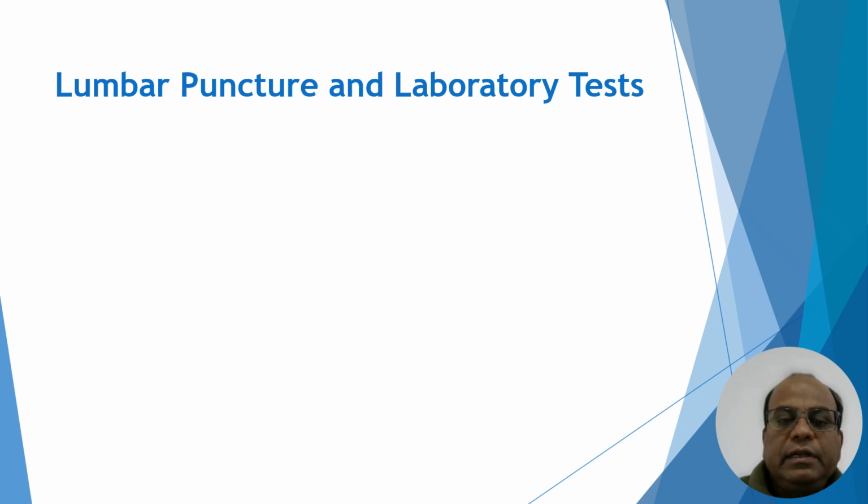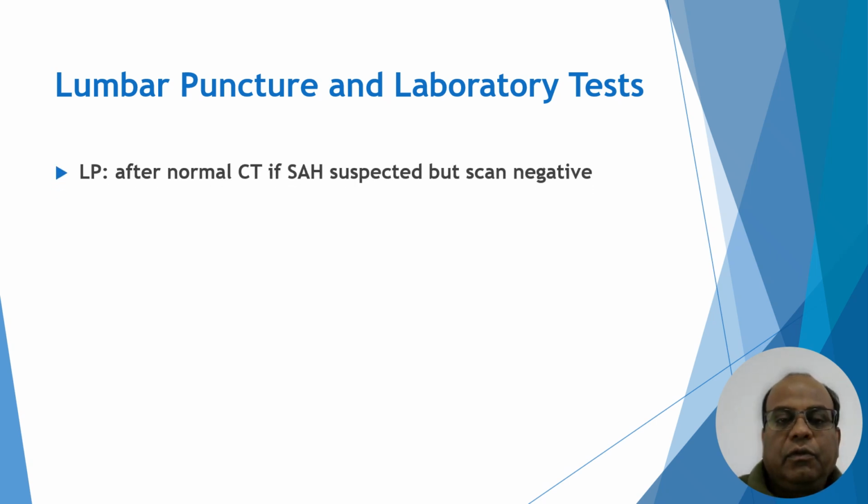Lumbar puncture and laboratory tests. Lumbar puncture and examination of the cerebrospinal fluid after a normal CT scan is mandatory if subarachnoid hemorrhage is suspected, and this is actually very important to rule out subarachnoid hemorrhage.